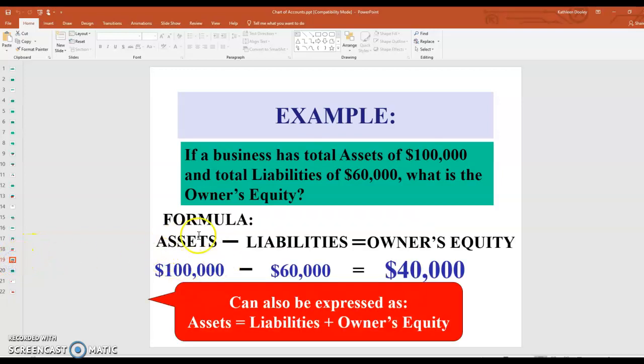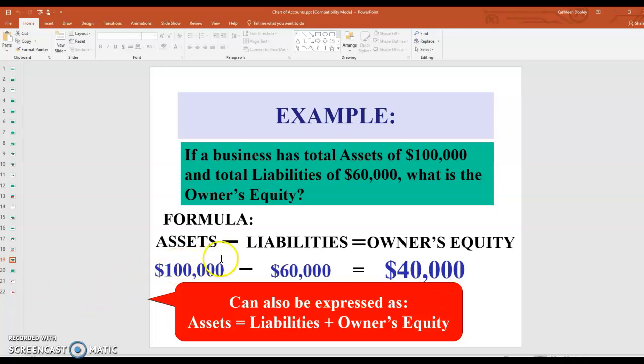So in this case, if we take our assets of $100,000, we subtract out the part that we owe out to the creditors first, the $60,000, then whatever's left over of the assets, the $40,000, is what is owner's equity. The owner has equity in that leftover equipment, etc.